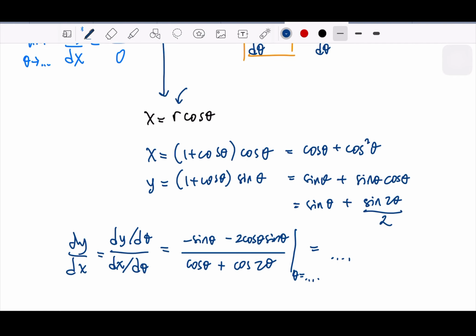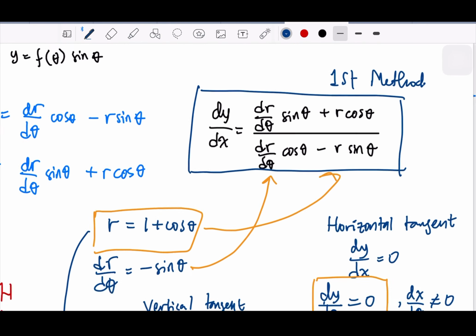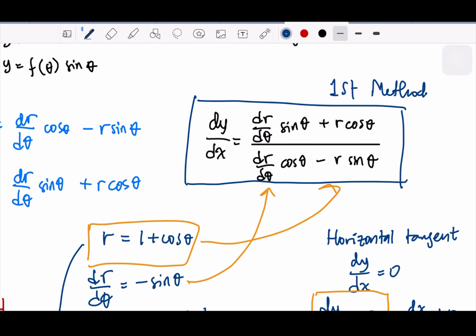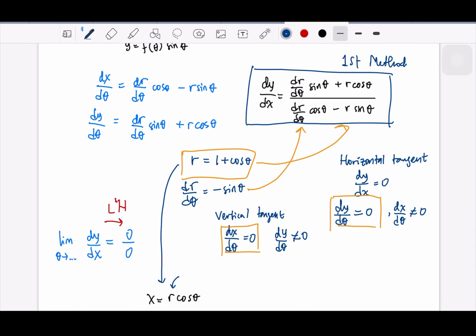The result will be equivalent to our approach in polar here, okay? It's the same method, okay?